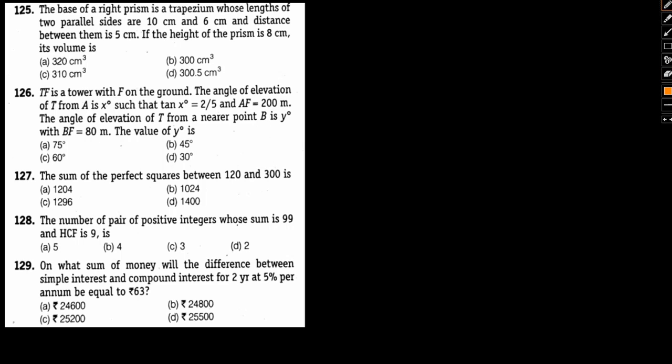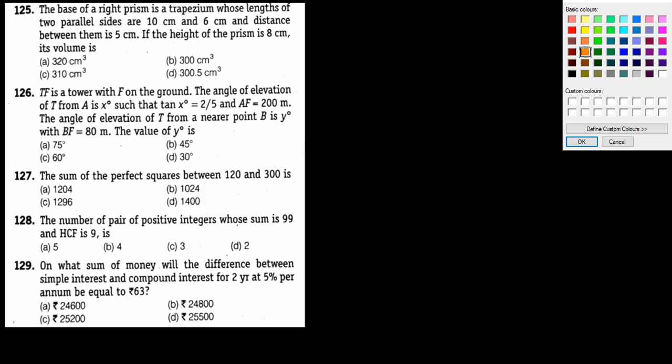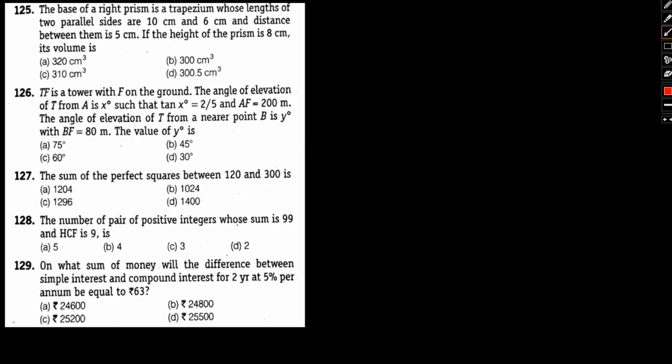So this is a right prism basically. Okay, so the base is a trapezium.